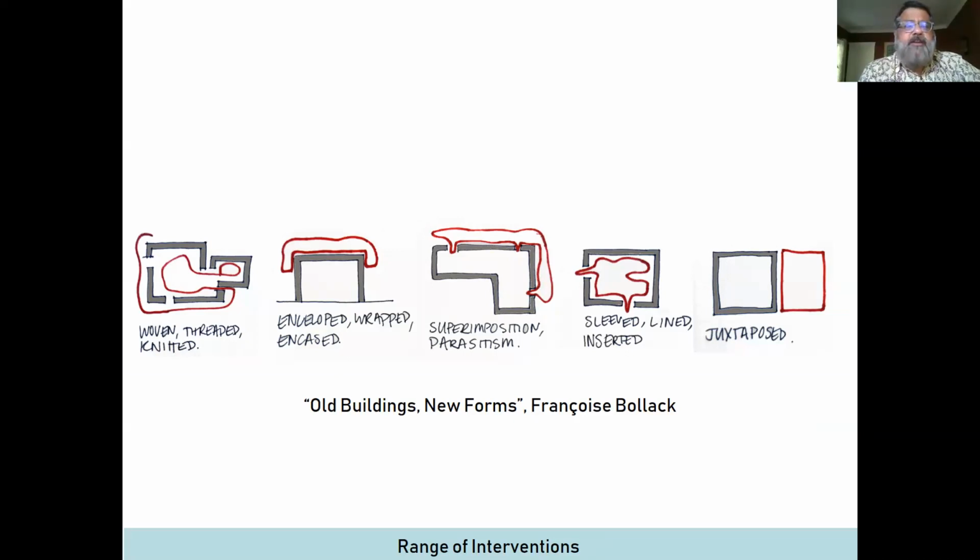And each of those is illustrated by these diagrams. If you can find her book, go through these. They range from weaving new uses and form, all the way to juxtaposition of new uses and form, right? So you can see there's a lot of creativity that goes into this.